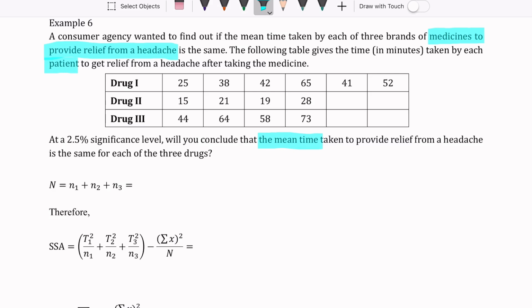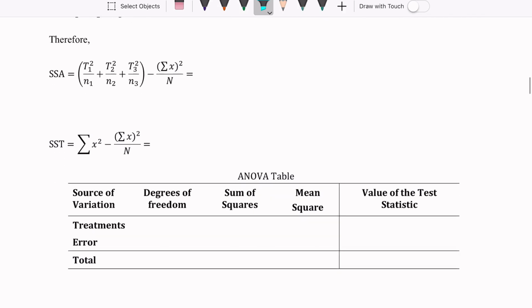To conduct the hypothesis testing for one-way ANOVA, we first have to calculate the sum of squares. I always start with total sum of squares. The total sum of squares is given by summation x squared minus summation x, the whole thing squared, divided by capital N. I'm sure you know how to obtain all these values by using the scientific calculator.